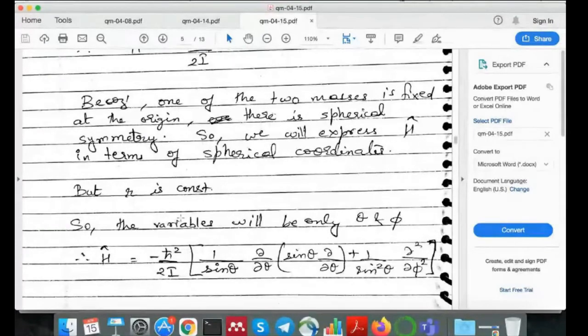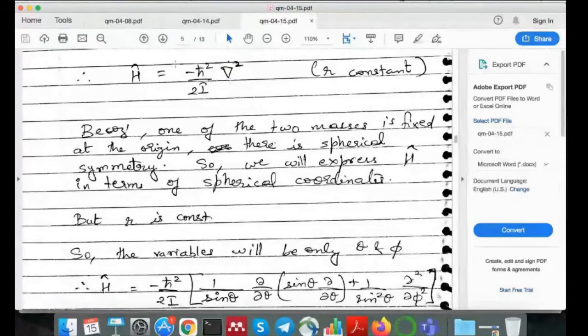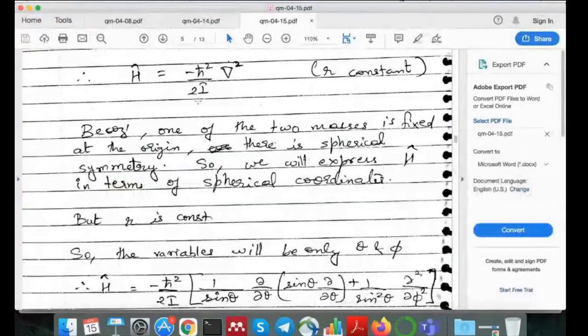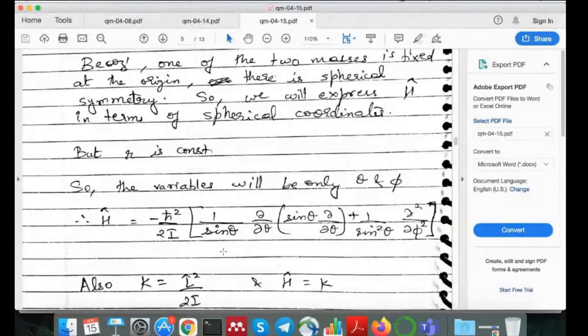Because r is constant. So when you convert this Hamiltonian, which is written in terms of Cartesian coordinates, you can write it in terms of spherical coordinates. So in spherical coordinates, this will be your Hamiltonian now.